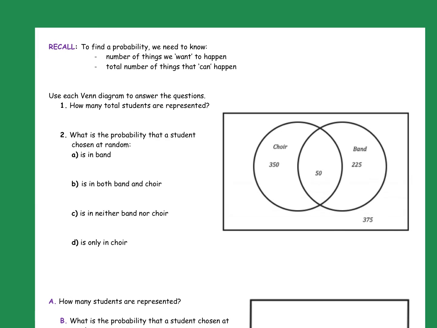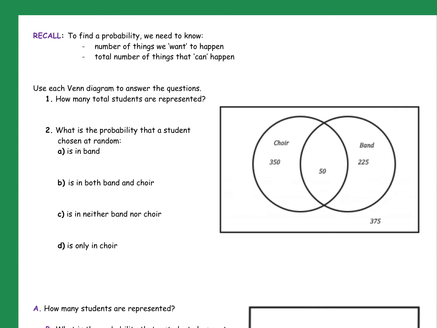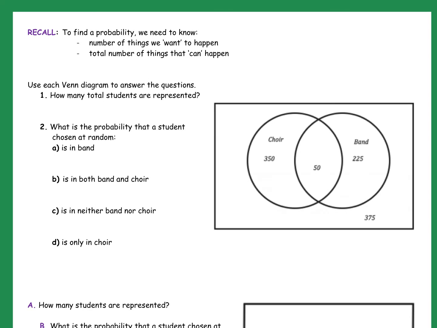So if we're looking at my Venn diagram here, how many students are represented in this Venn diagram? Obviously it's about band and choir. This must be a huge high school if there are that many people in band and choir. How many total students are represented?